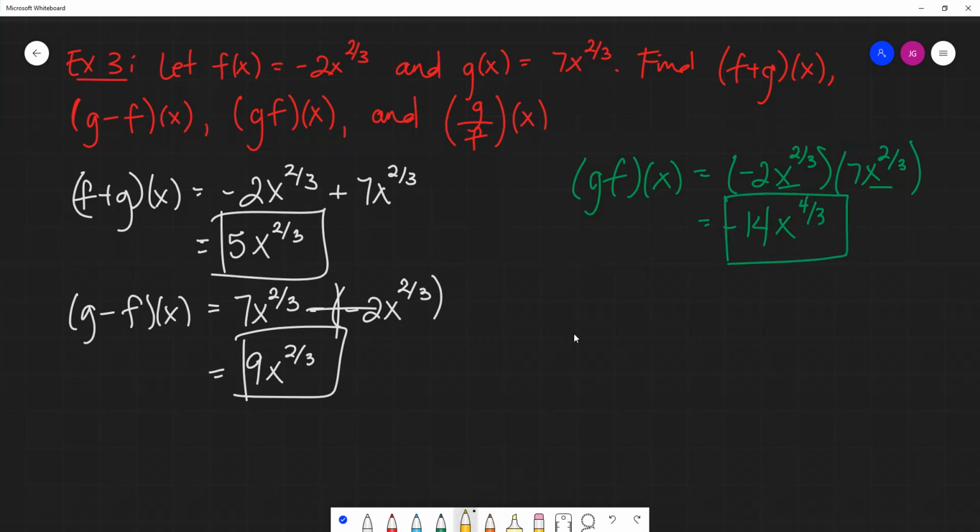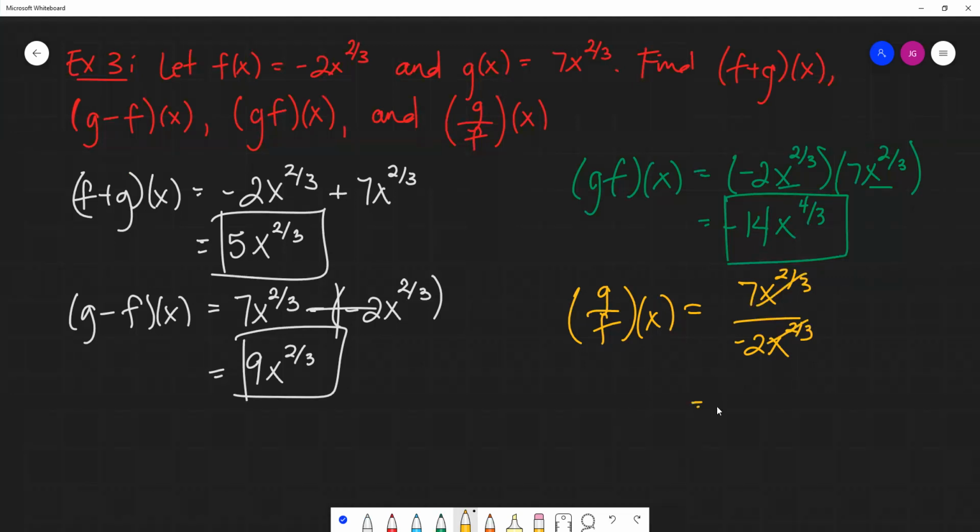And then for the final one is g over f of x. g is 7x to the 2/3 divided by negative 2x to the 2/3. Notice how these are the same. I can use my exponent properties here, but they're the same thing, so those just divide each other out and become 1.